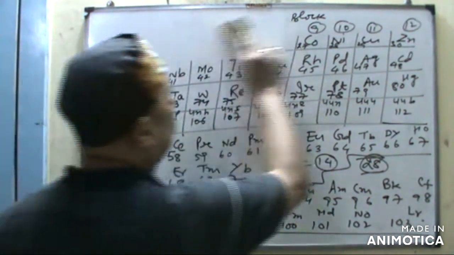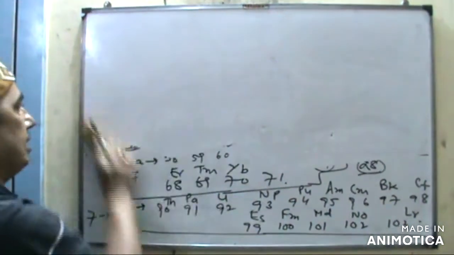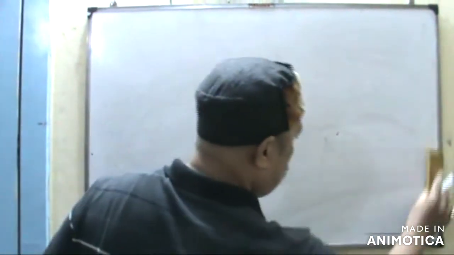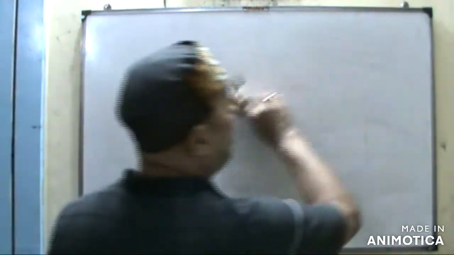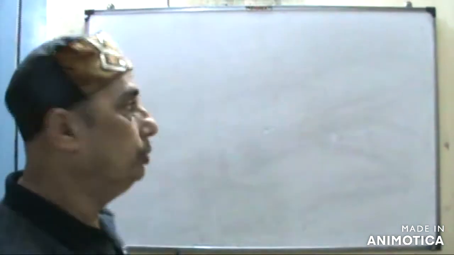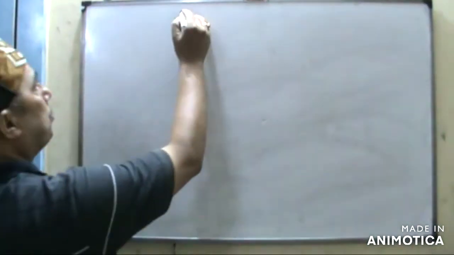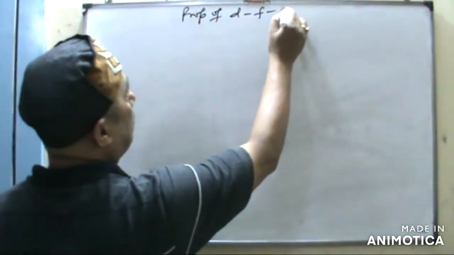Here we will discuss only the conceptual part of the D block elements, not the theoretical part. The main important properties usually come in the CBSE final paper, that is the area we have selected to discuss for you.